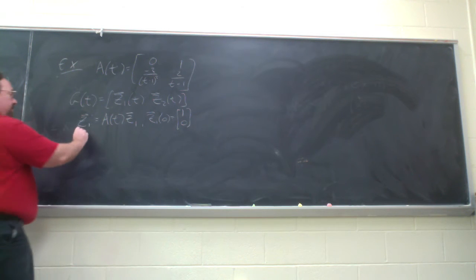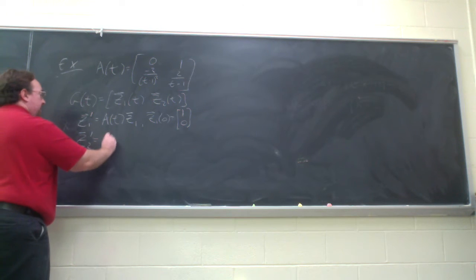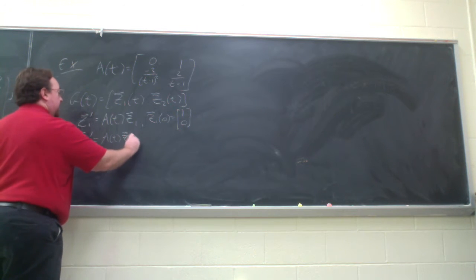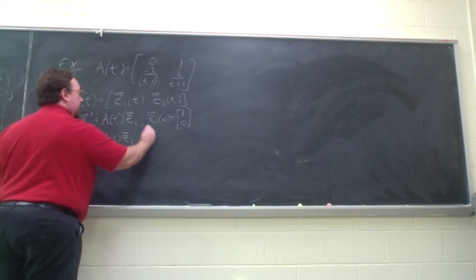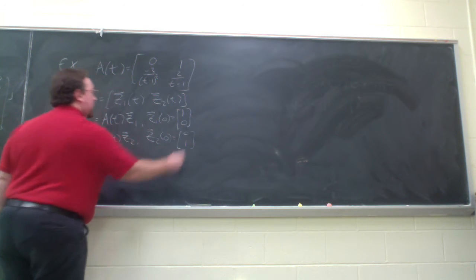And similarly for z2, z2 prime is equal to A z2, and z2 of 0 is the second column of identity, 0, 1.